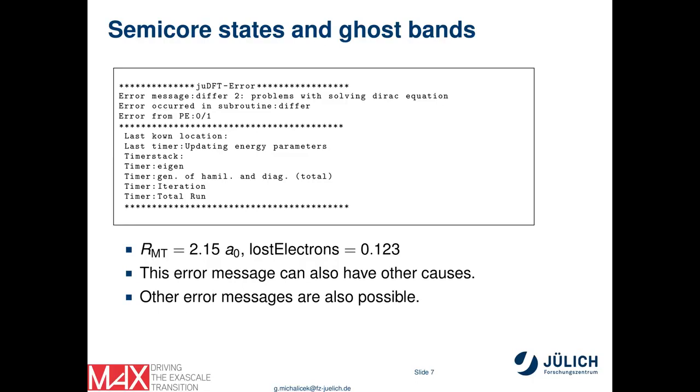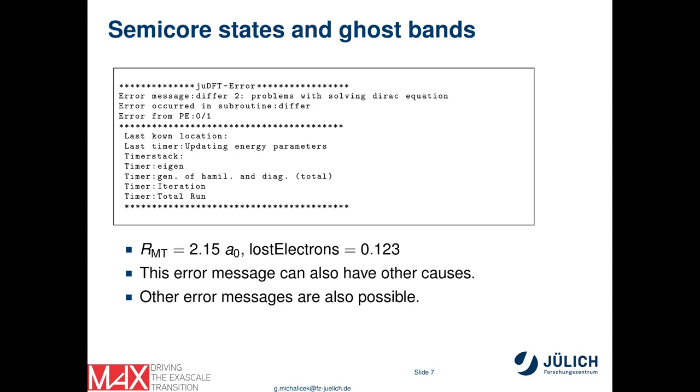I showed you this example with the Kmax convergence in the beginning, and if we increase the Kmax parameter ever more in that example, we also get an error, and this is also differ2. And the other unfortunate thing is that other error messages are also possible in this case. So there are some error messages that essentially mean you messed up your potential.